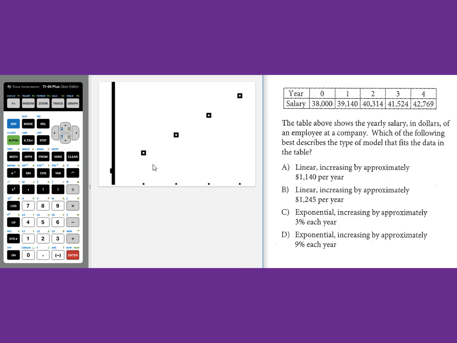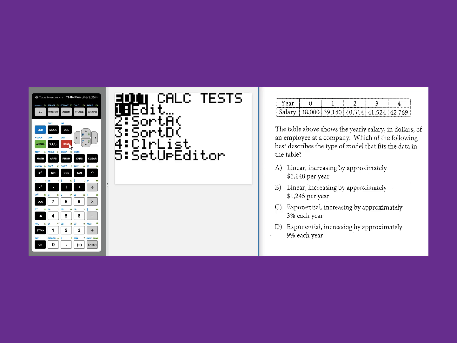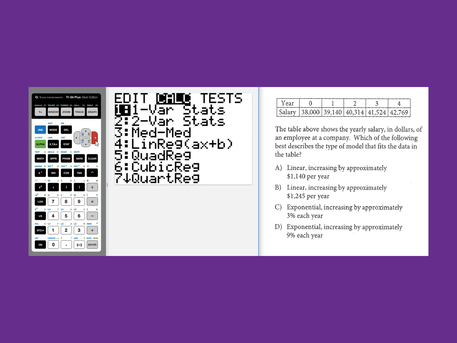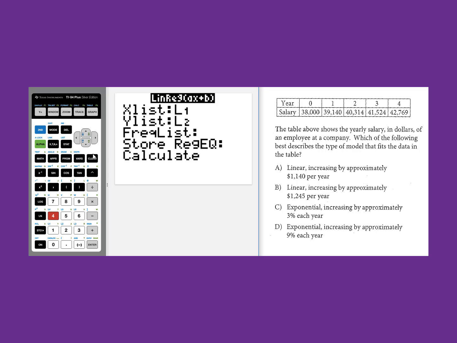Next step, we need to figure out these two regression equations. One is linear, the other is exponential, so that you can compare. Go to Stat, go to Calculate. I need a linear regression, so I press 4. Press enter, because that's really L1, L2.